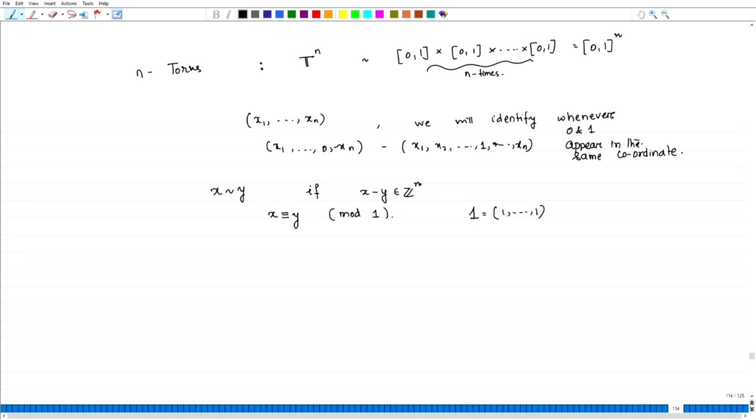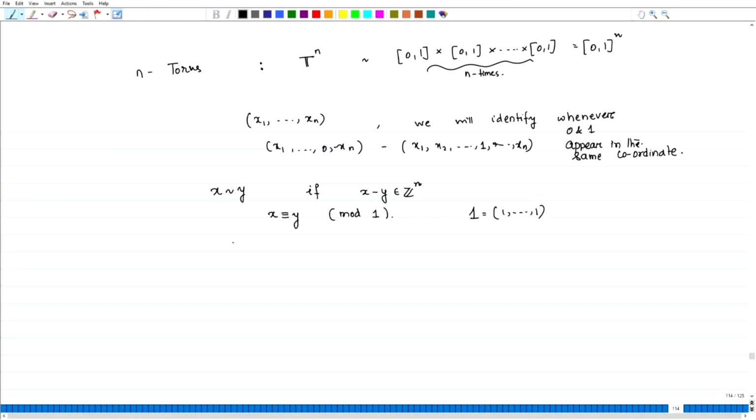One can easily see that this is an equivalence relation that partitions the whole R n into equivalence classes.